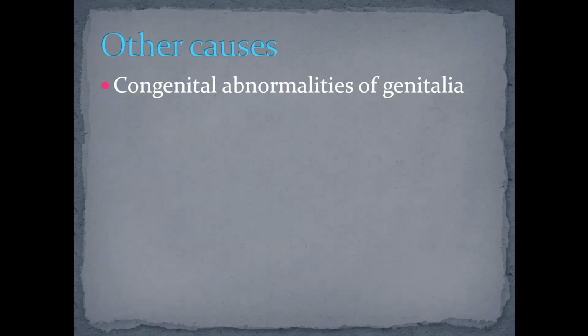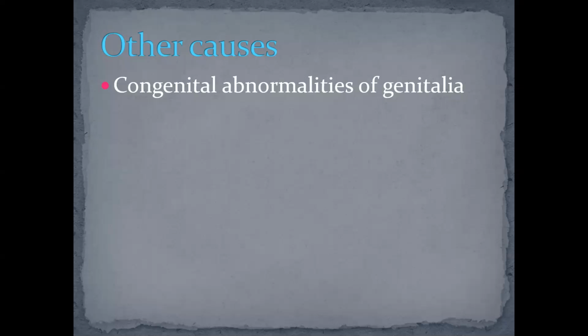It's aplasia of the vagina, or Rokitansky-Kuster-Hauser syndrome. It's a syndrome with aplasia of the upper genital organs with normal development of the ovaries, and that's why secondary sexual characteristics exist in the absence of menarche and menstruation.